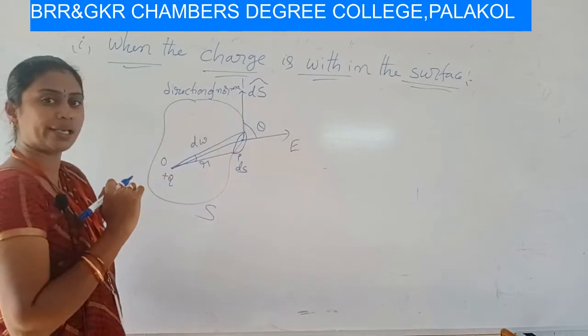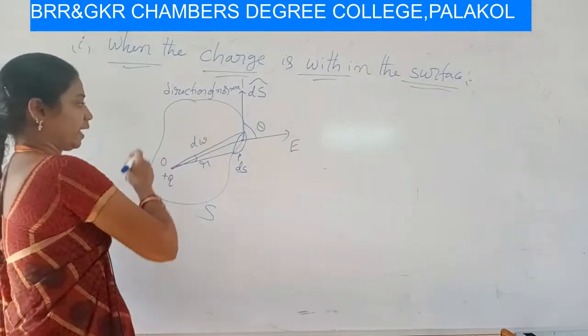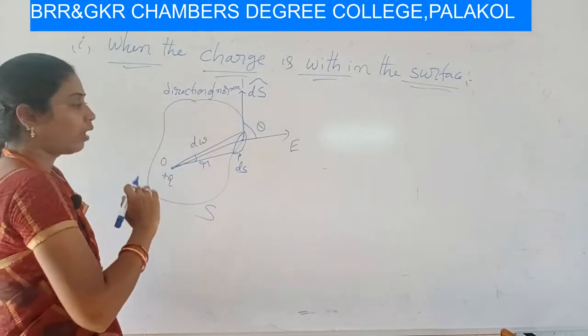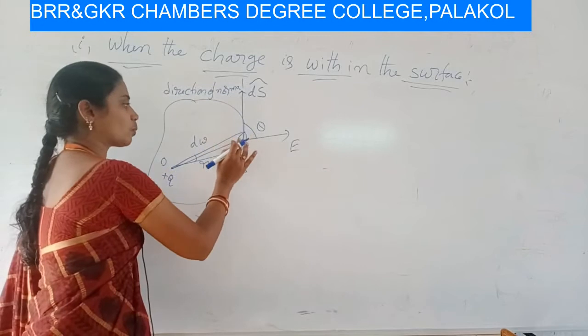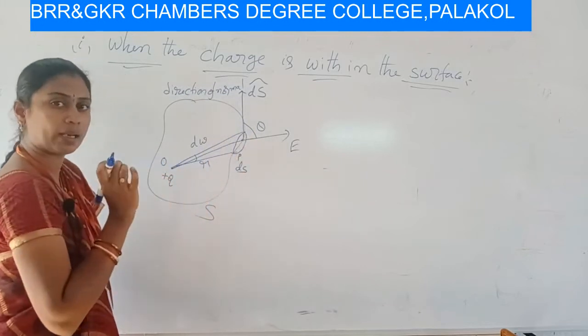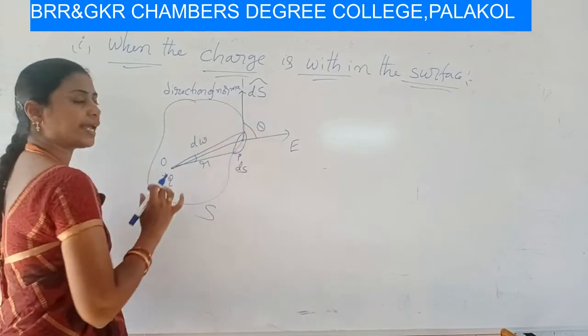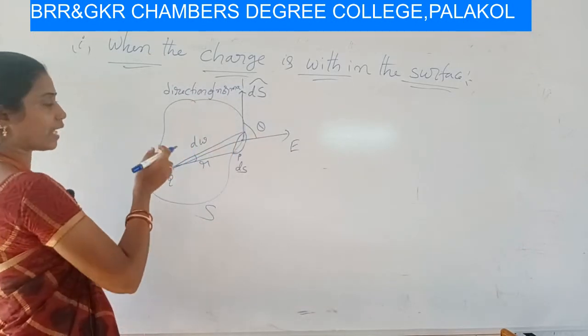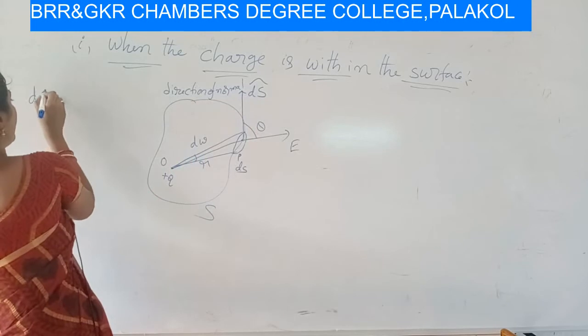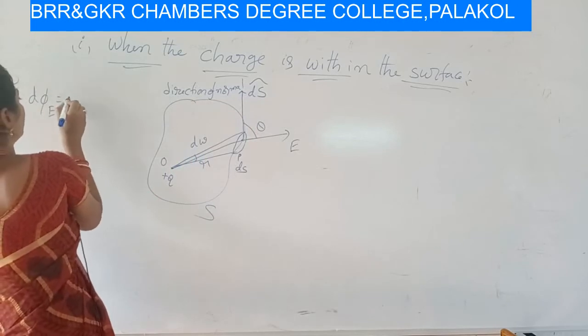Now we calculate the electric flux for this entire surface S. For this we consider a small part of the surface, the elemental area ds. So for this small area the electric flux is d phi E equivalent to E dot ds.